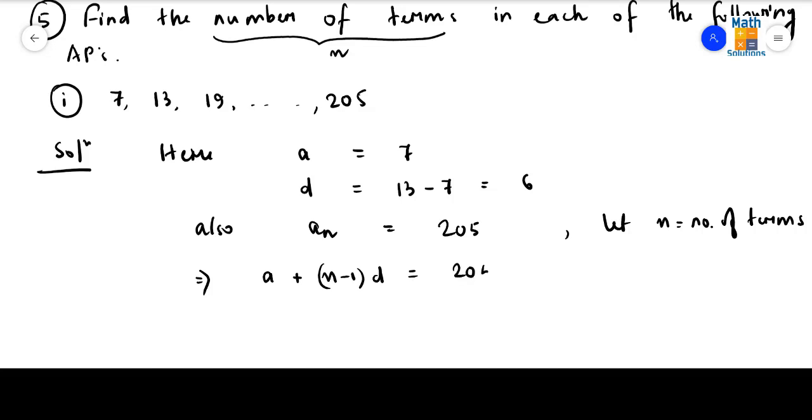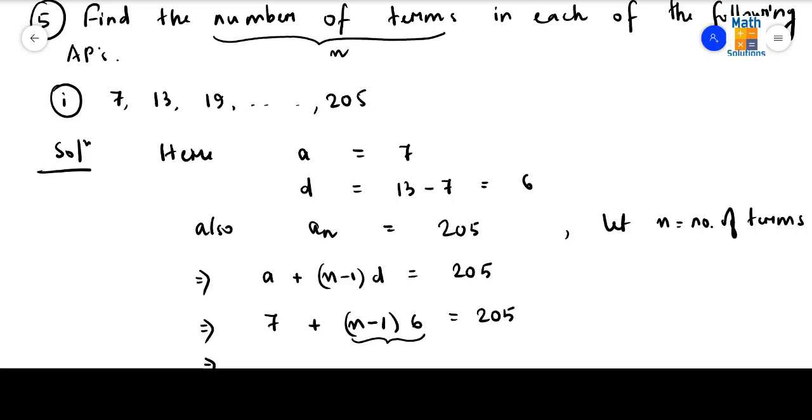is equal to 205. In place of a, we can put 7, plus (n minus 1), n is not known to us till now so I have to keep it as it is. In place of d, I shall be writing 6, that is equal to 205. After that, of course I have to make this term independent of 7.